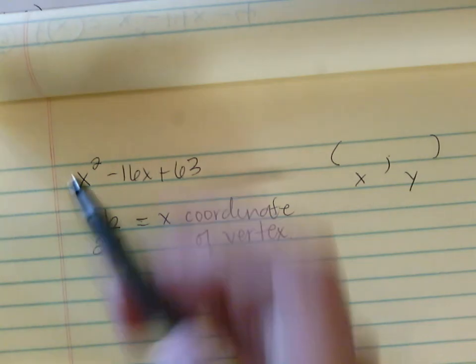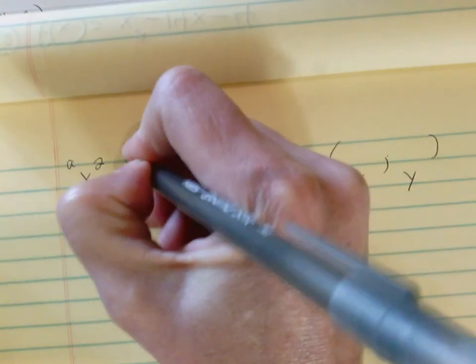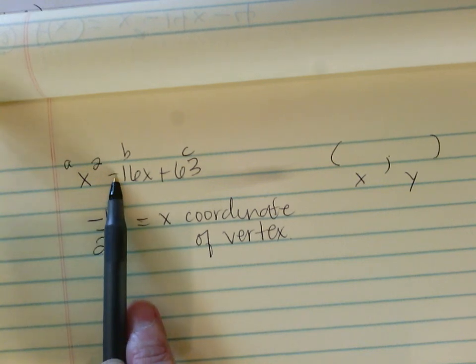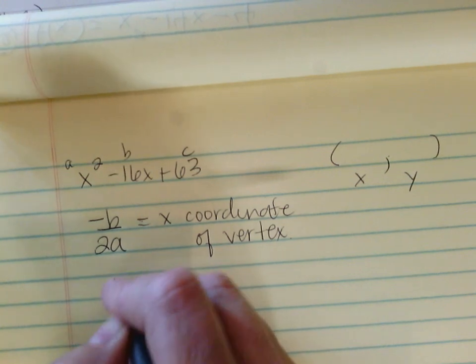So again, your numbers are a, b, and c. Just like when you're using the quadratic formula or factoring or anything, your a, b, and c are always in the same spot. So I need the opposite of b. So since my b is negative 16, the opposite of it is positive 16.